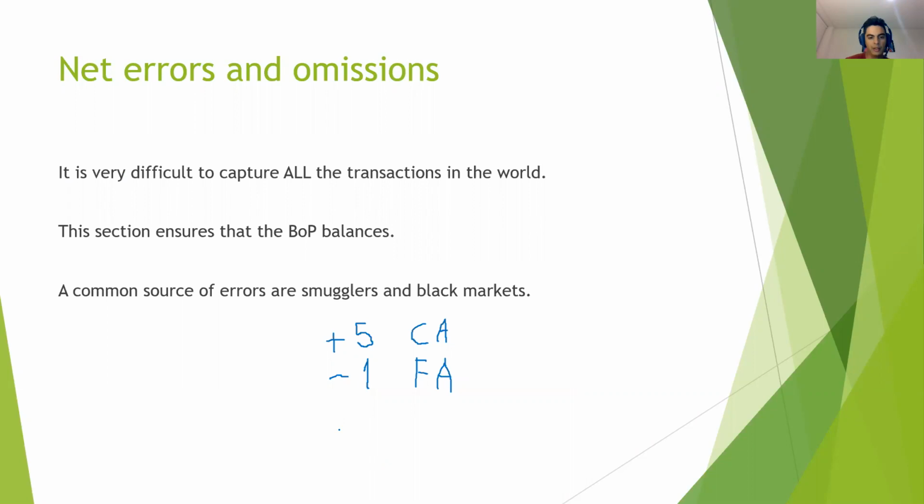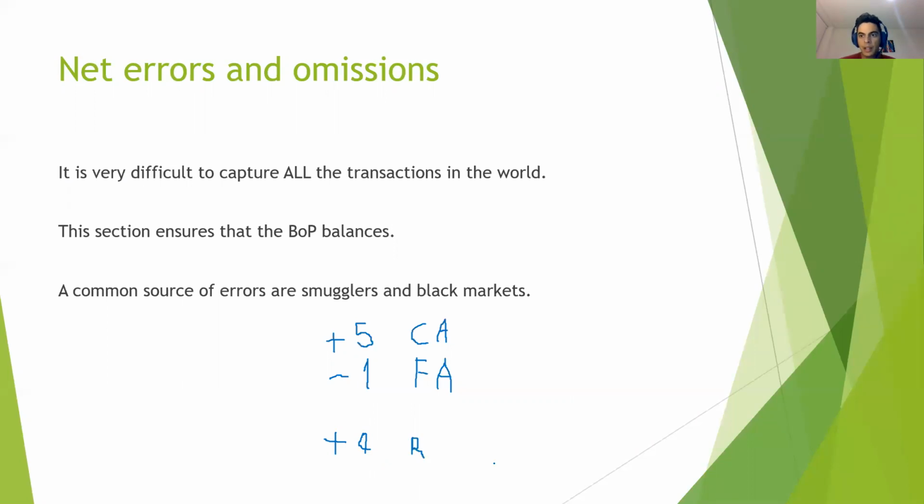So that means that in our pocket, in the reserves, that's how we call it, those are the savings from the country, we should have +4, right? Because +5 -1 equals 4.